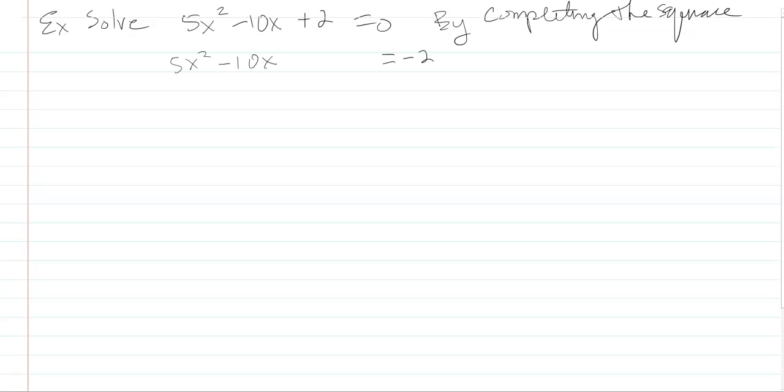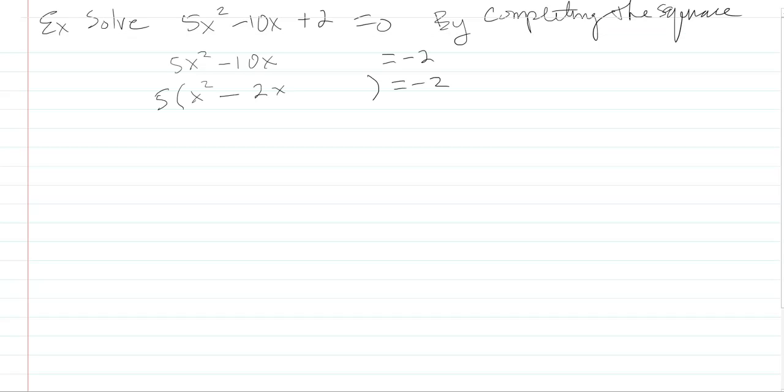Okay, now best approach here to avoid fractions right away, what we can do is this. We'll say that's a 5x squared minus 2x. Okay, and I'm going to leave a little space in there.